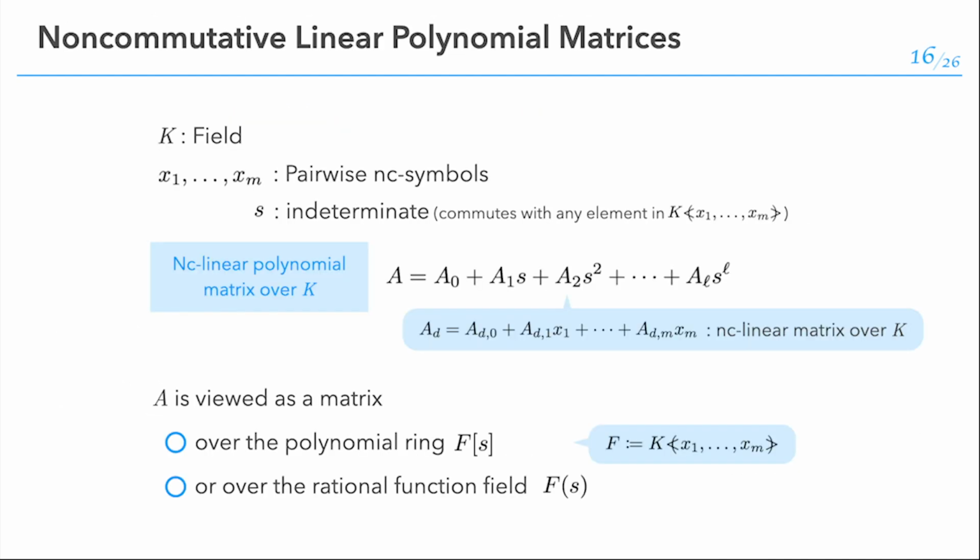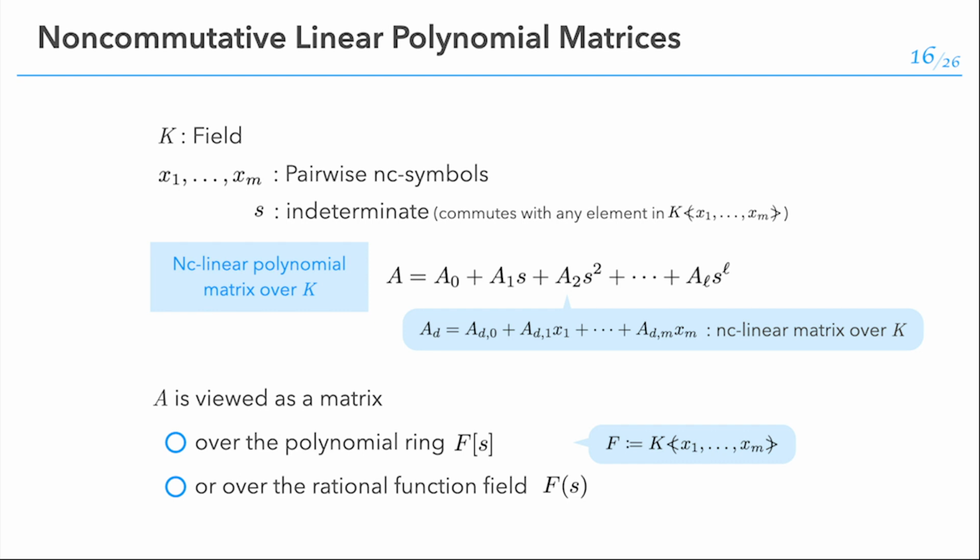Let K be a field again, and let x1 to xm be pairwise non-commutative symbols. And also I introduce an extra symbol s. Here we assume that x1 to xm are pairwise non-commutative, but s commutes with any element in K and with x1 to xm.